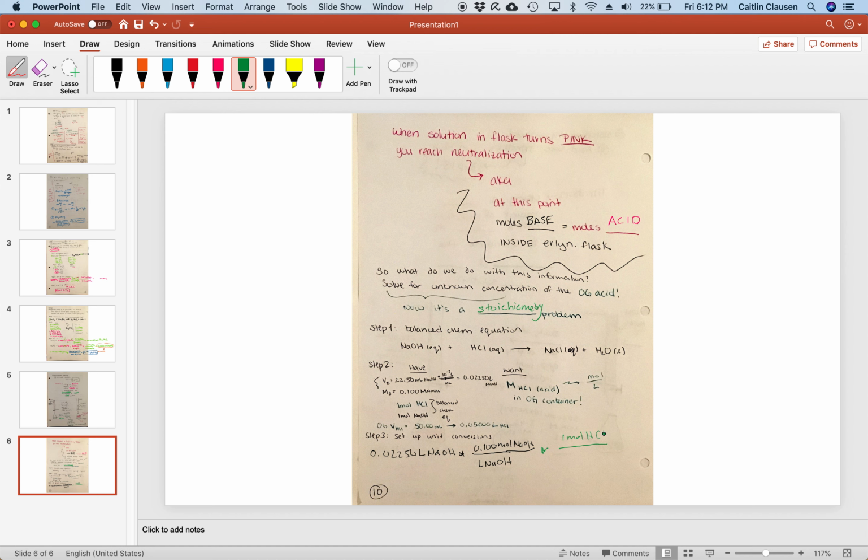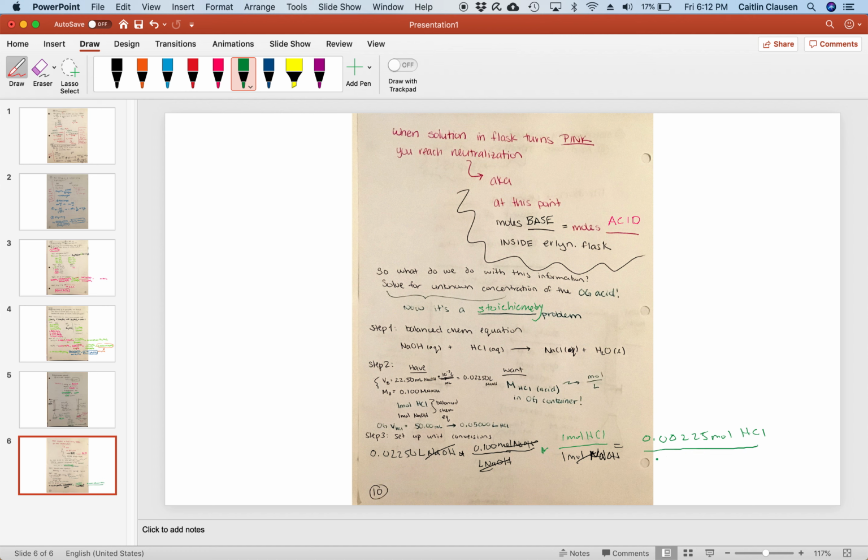And that was a 1-to-1 ratio. That's NaOH. So the moles cancel, the liters cancel, and I'm left with moles of HCl. We get 0.00225 moles of HCl.